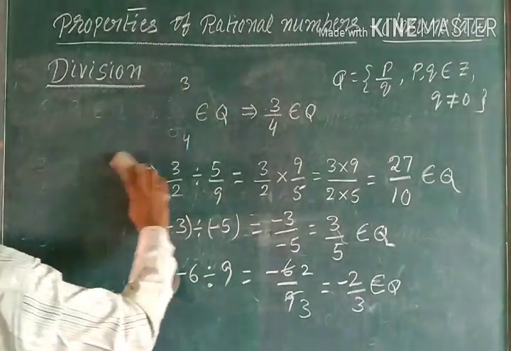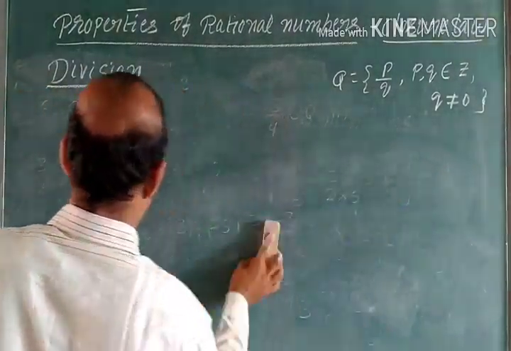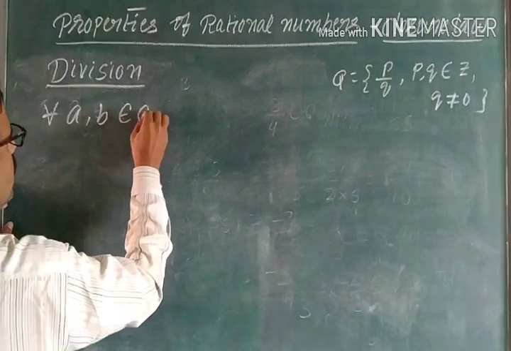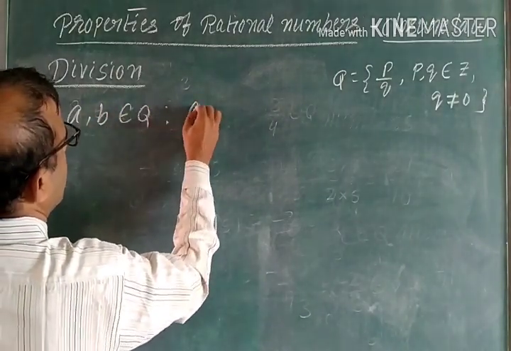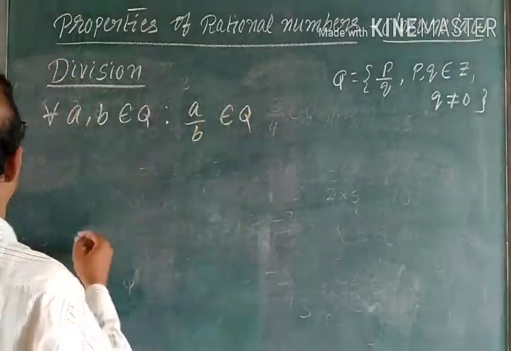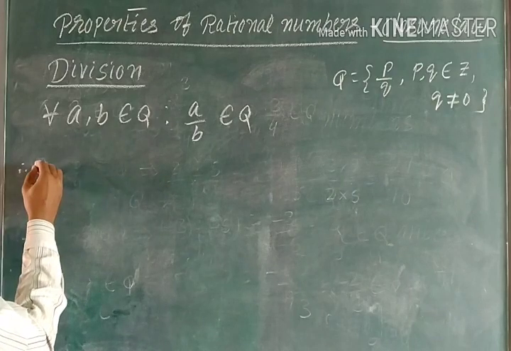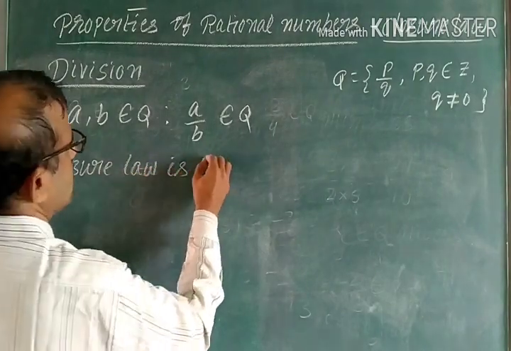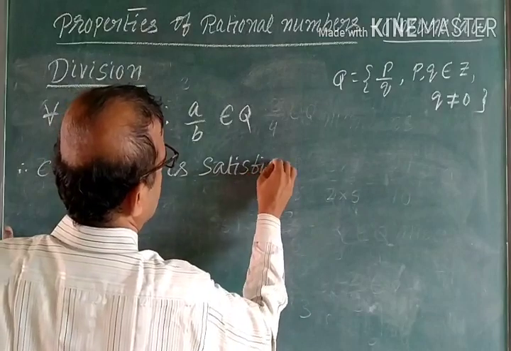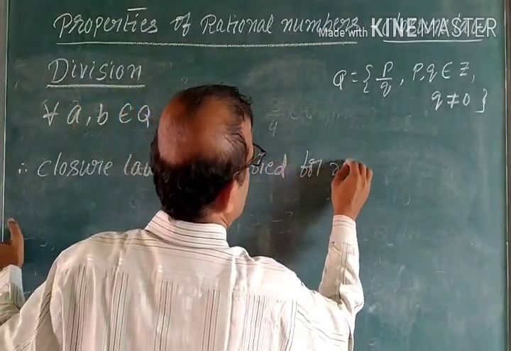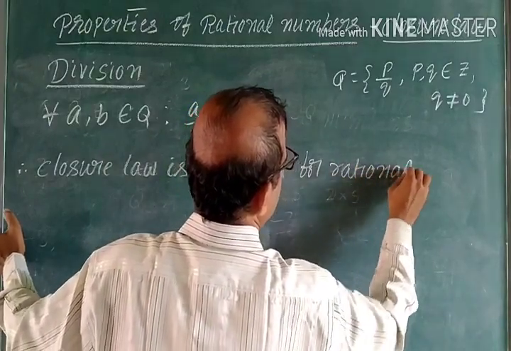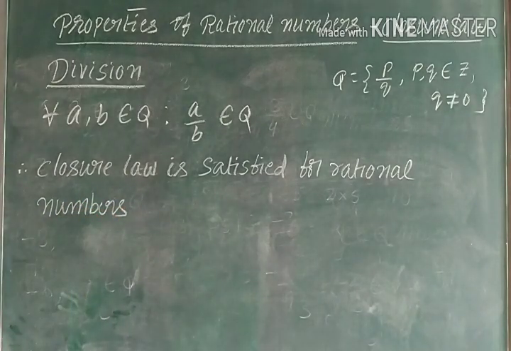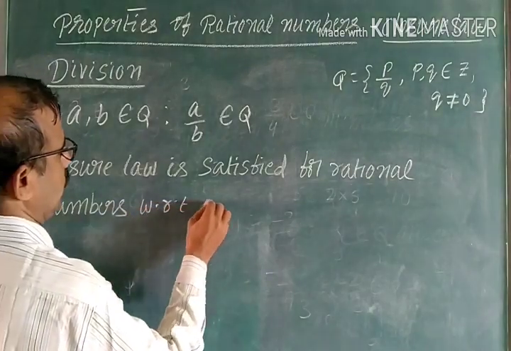Therefore for all a, b belongs to Q, a by b belongs to Q. Therefore closure law is satisfied for rational numbers with respect to division.